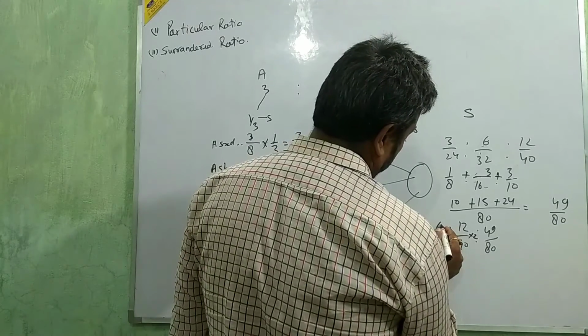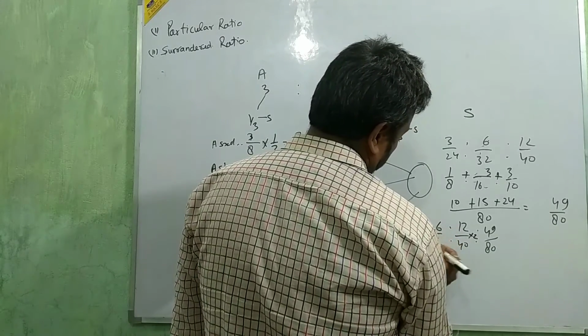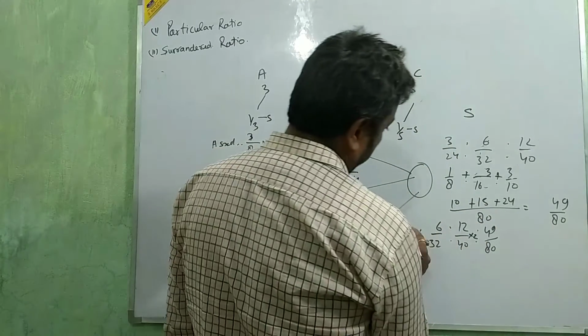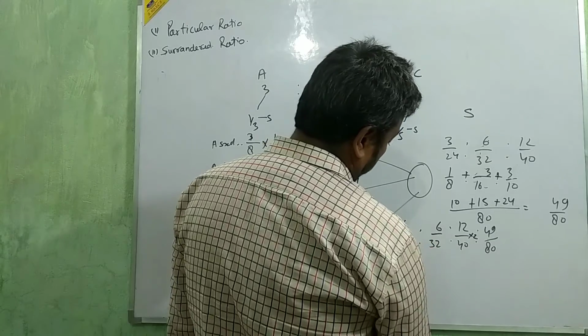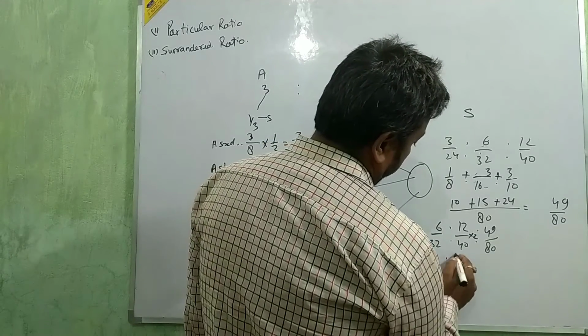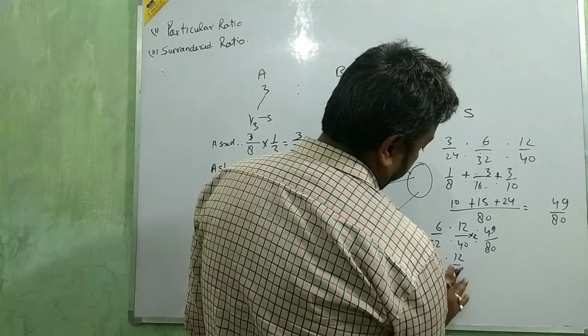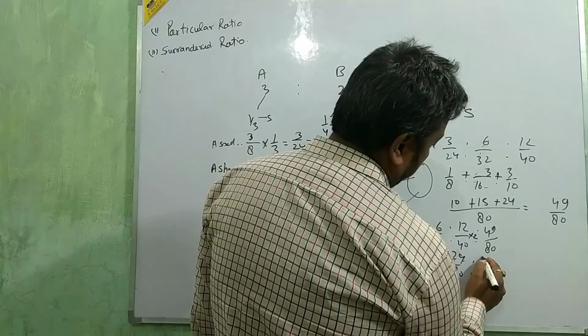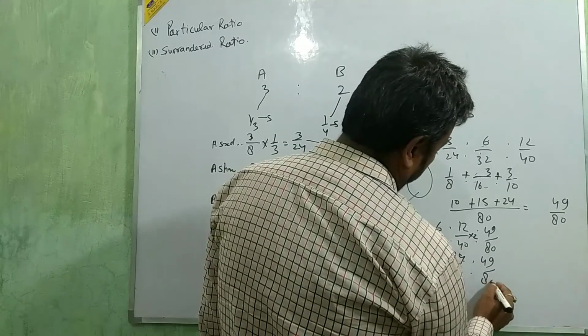Cut this, 24. Cut this also. Then 1/8 is to 3 upon 16 is to 12 upon 80, 24 upon 80 and is to 49 upon 80.